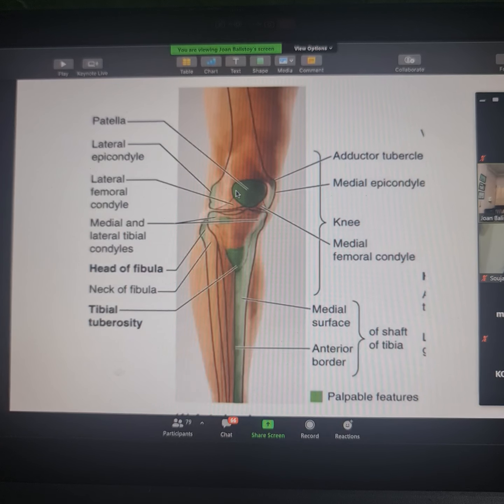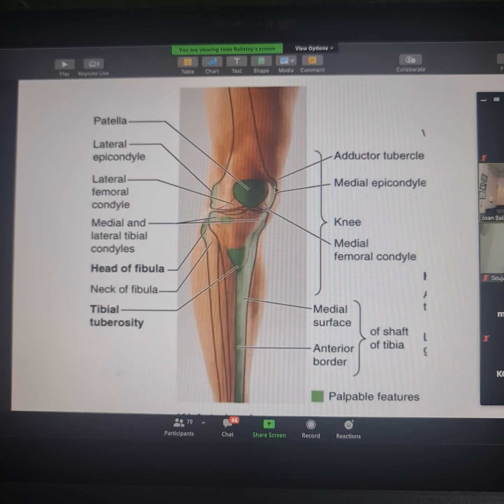And these are the recognizable parts that you can feel on your leg when you try to touch the knee joint. If you touch the lateral side, you will feel the lateral epicondyle. If you feel on the other side, on the medial side, you will feel the medial epicondyle.